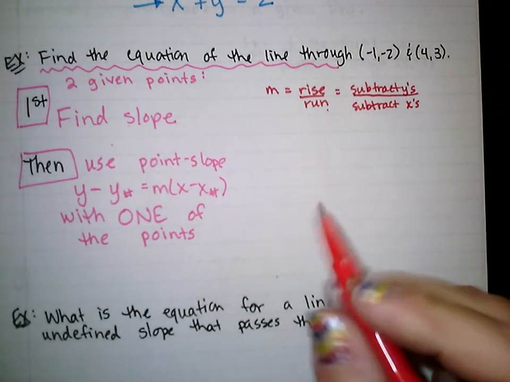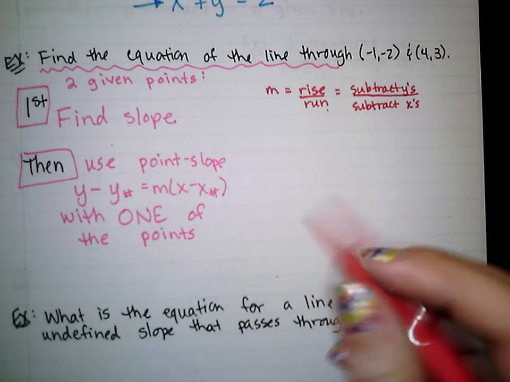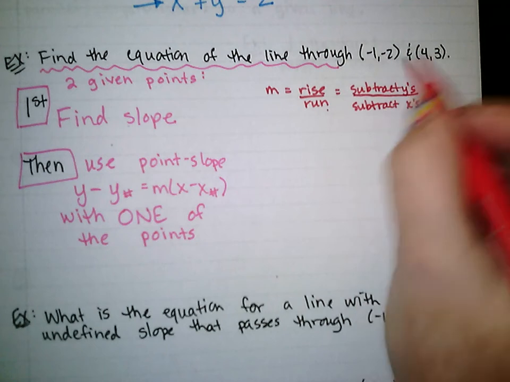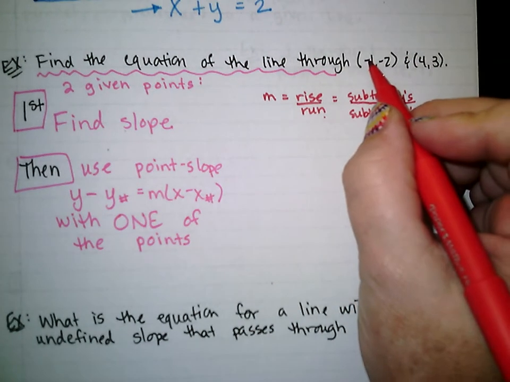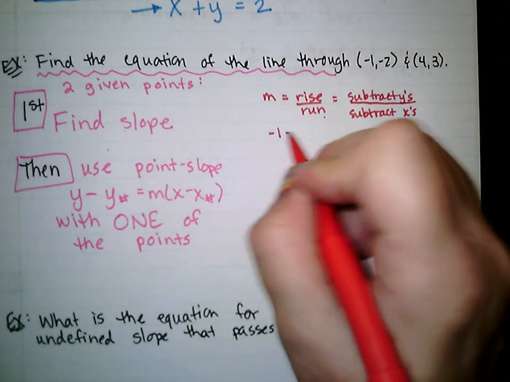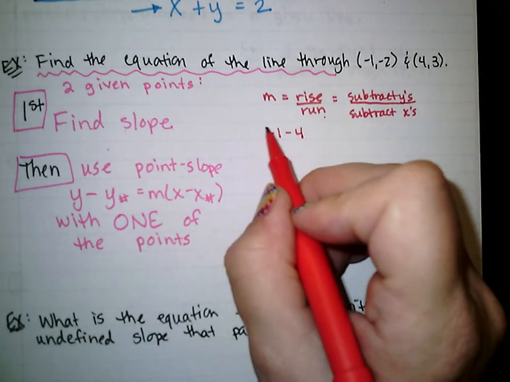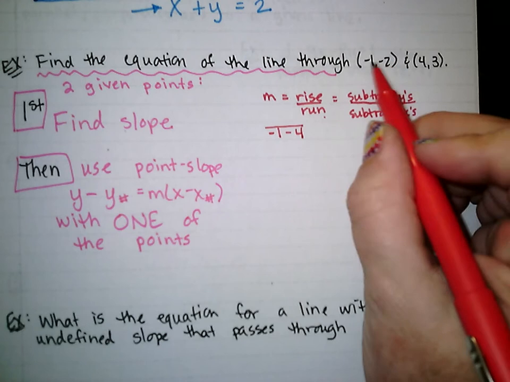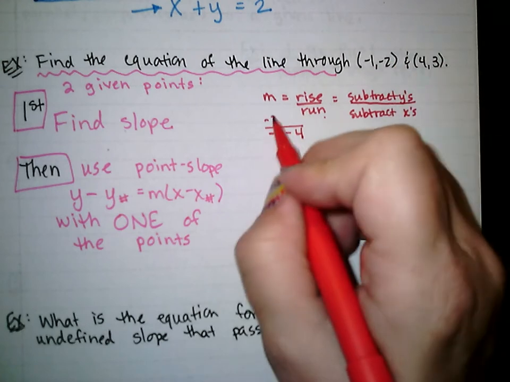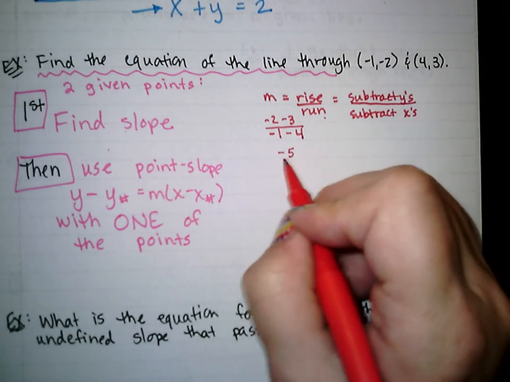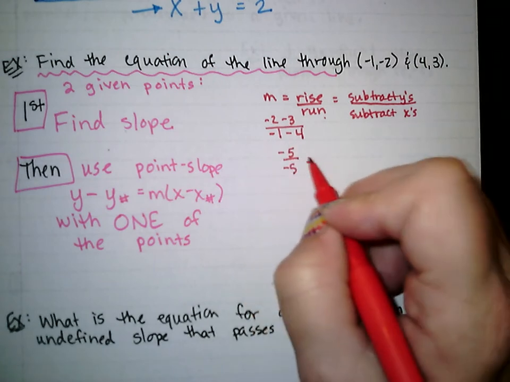It does not matter which order I do my subtracting. So here's what I mean by that. If I take -1 minus 4 for my x's, which will be in the denominator, I have to also do -2 minus 3. So that would give me -5 over -5, which is a slope of 1.